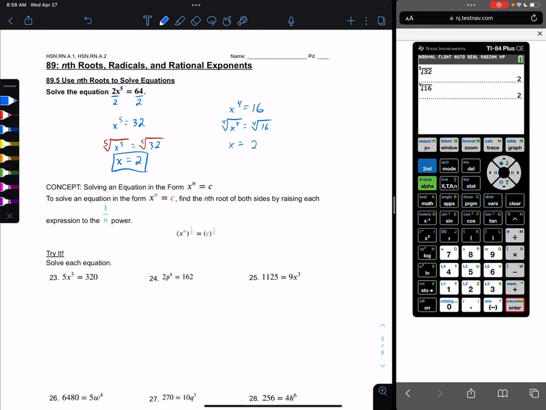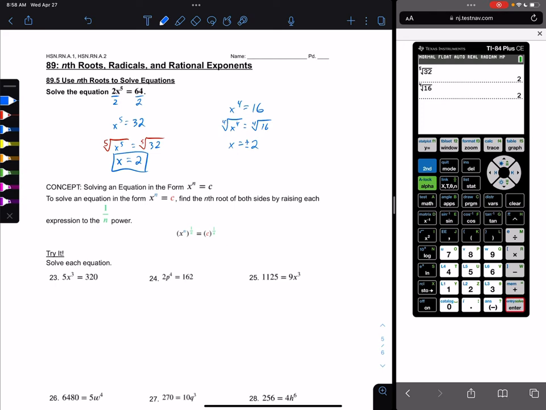Since we used an even index, we would need to say positive and negative. So do be careful with that. Just remember, even index means you're going to use the positive and negative roots, but in the example they gave us, it was an odd index, so we just stick with the solution that we got.